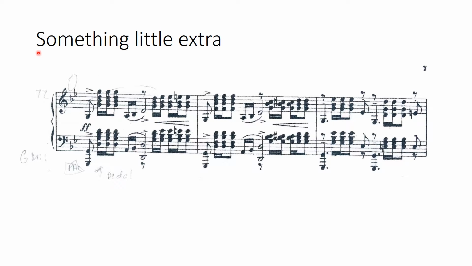Right here we have what I call something a little extra, and yes, there is a coda. I believe there's a coda starting at measure 72, and there's a pedal on G, as you can see, for every downbeat on each measure.